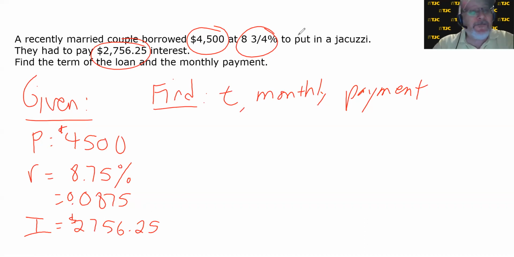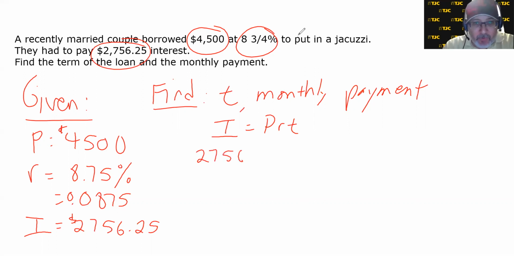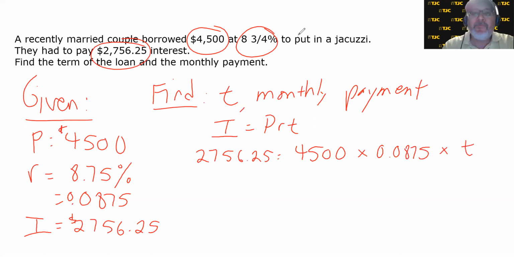All right, let's start by finding the term by using the same equation as before, I equals PRT. Our interest is $2,756.25. Our principal is $4,500. Our interest rate is 0.0875. We don't know the term, so the T is there.